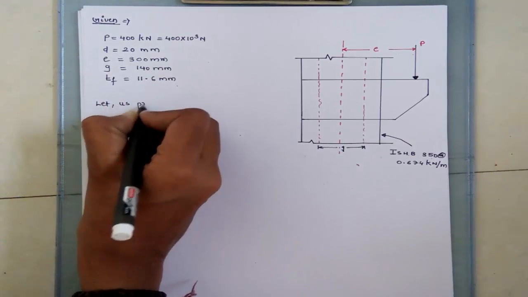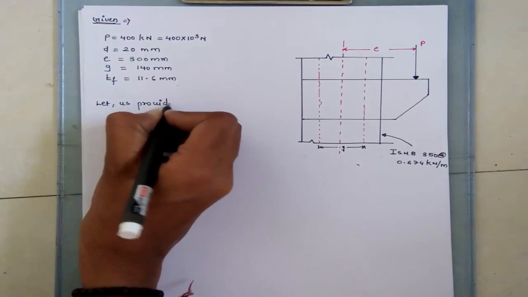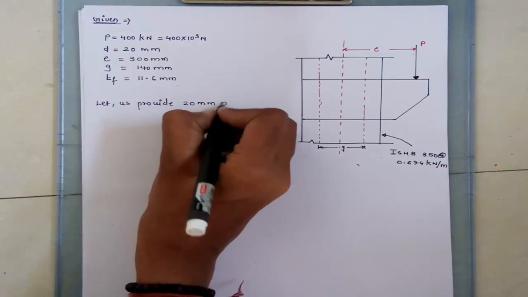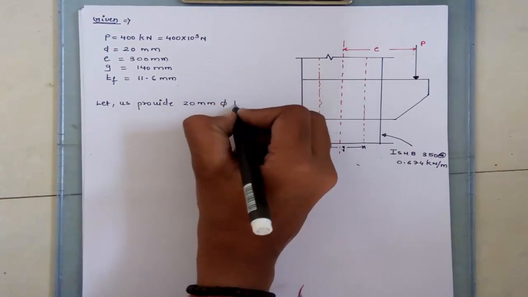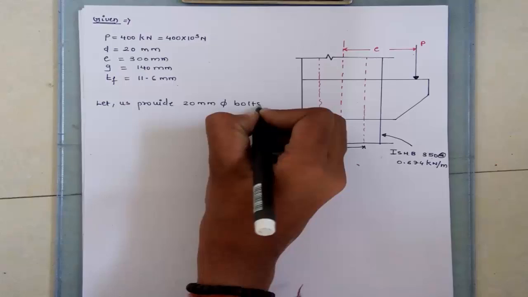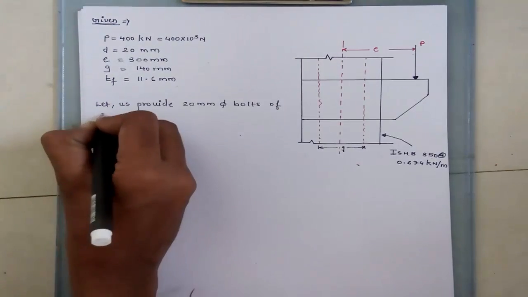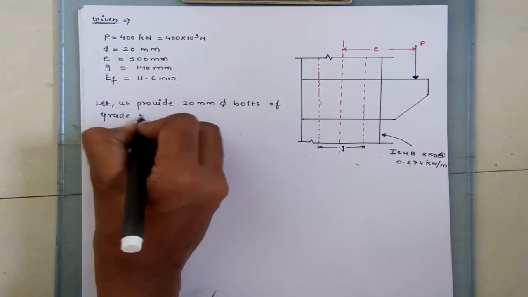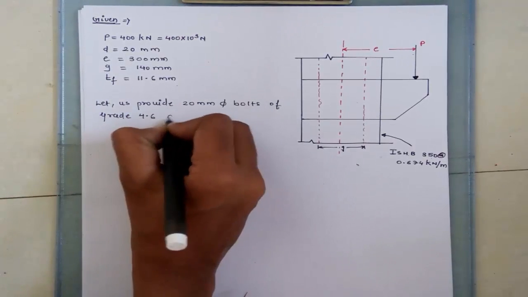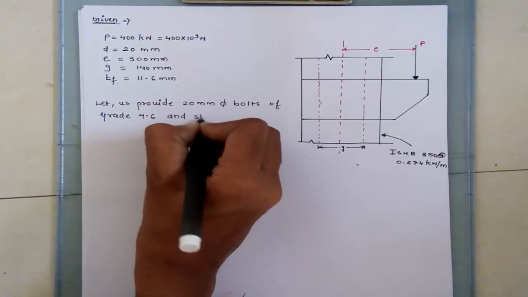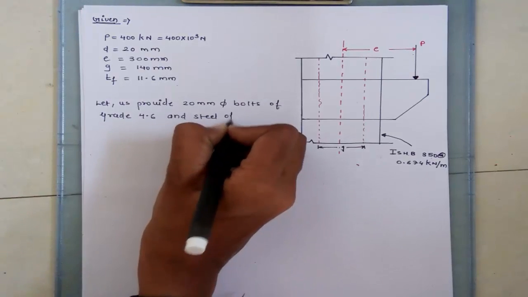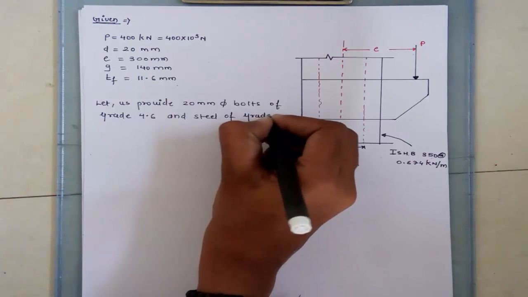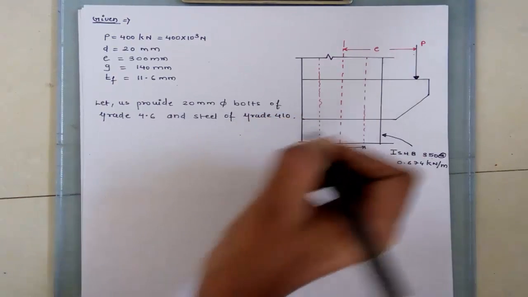Let us provide 20 mm dia bolts of grade 4.6 and steel of grade 410.